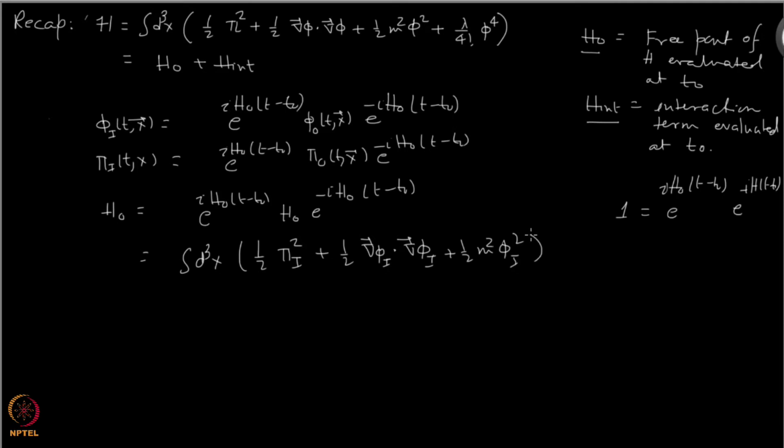Okay, so that's clear. Once you use this, you can convert all the phi's and pi's into phi I's and pi I's. And also you saw that the commutation relations that phi I and pi I satisfy are exactly the ones which free field operators satisfy. So these are equal time commutation relations. So fields commute at equal times.